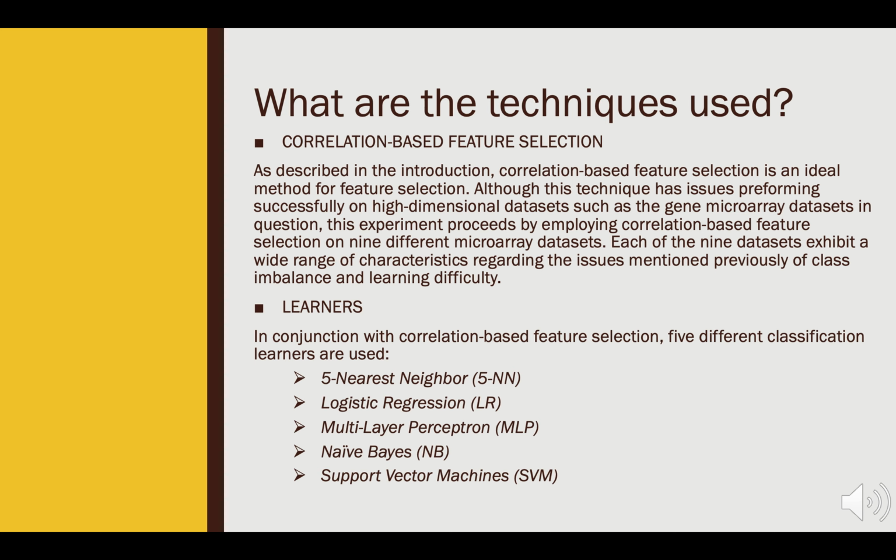In conjunction with correlation-based feature selection, 5 different classification learners are used: 5 nearest neighbor, also known as 5NN, logistic regression, also known as LR, multi-layer perceptron, also known as MLP, naive Bayes, also known as NB, and support vector machines, also known as SVM.